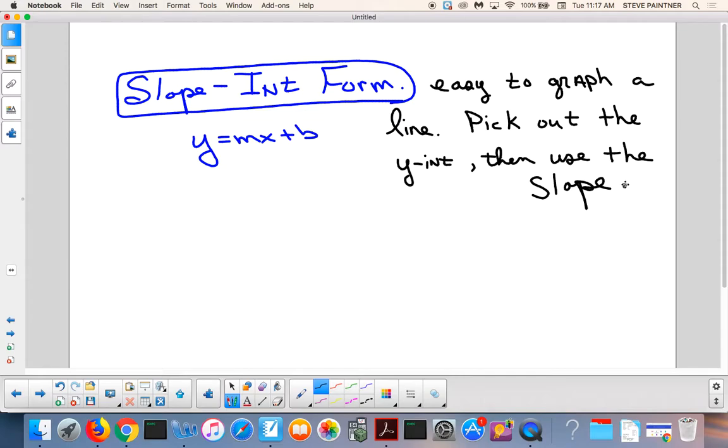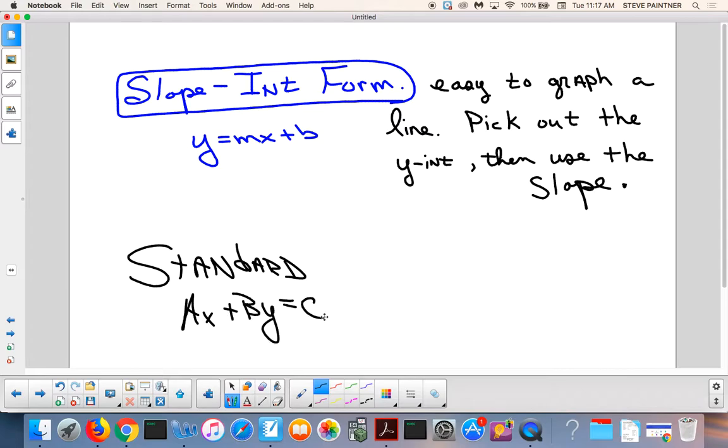Why do you like the next form, called what? I honestly haven't liked any of them besides slope-intercept. This one's called standard form. Why do you like this? Some of you might say, I don't really like it.